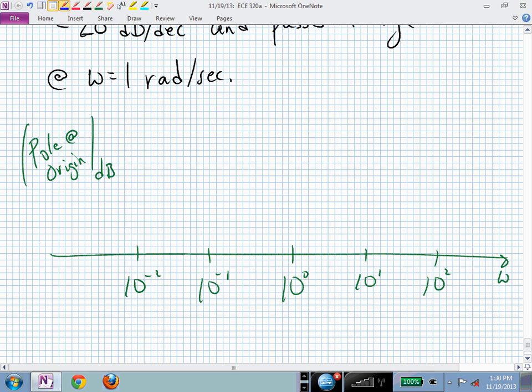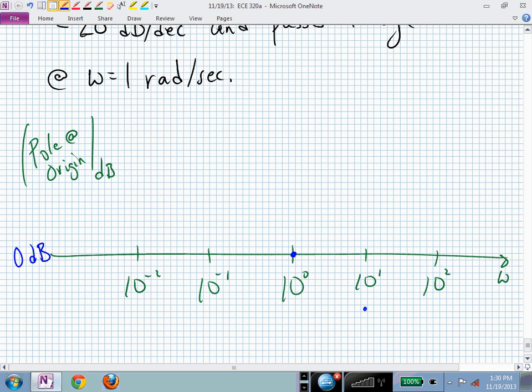This is now 0 dB. We know that that sloping line needs to pass right through there. At omega equal to 1, it's at 0. And now because it's a pole, it has a negative slope, which means a decade beyond 1, which is 10, we better be at minus 20.